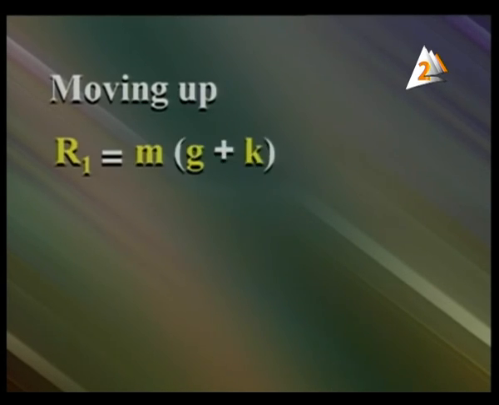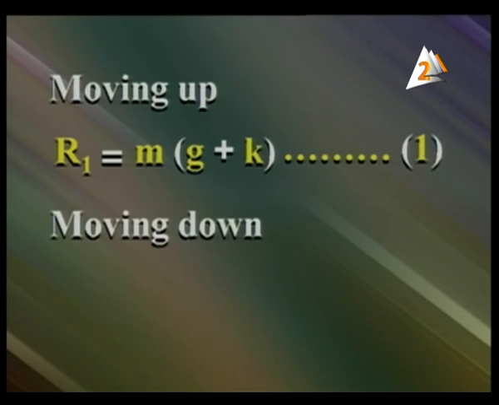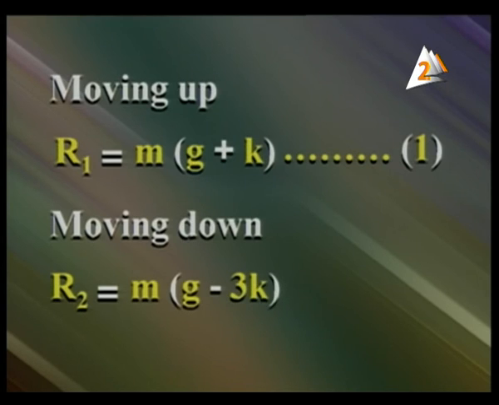Solution. In case of moving up, R1 equals m(g plus k), and this is equation number 1. In case of moving down, R2 equals m(g minus 3k), and this is equation number 2.